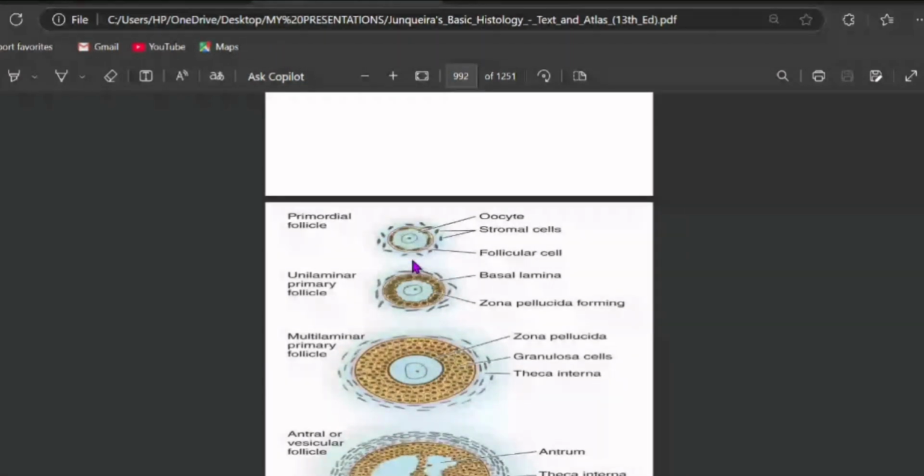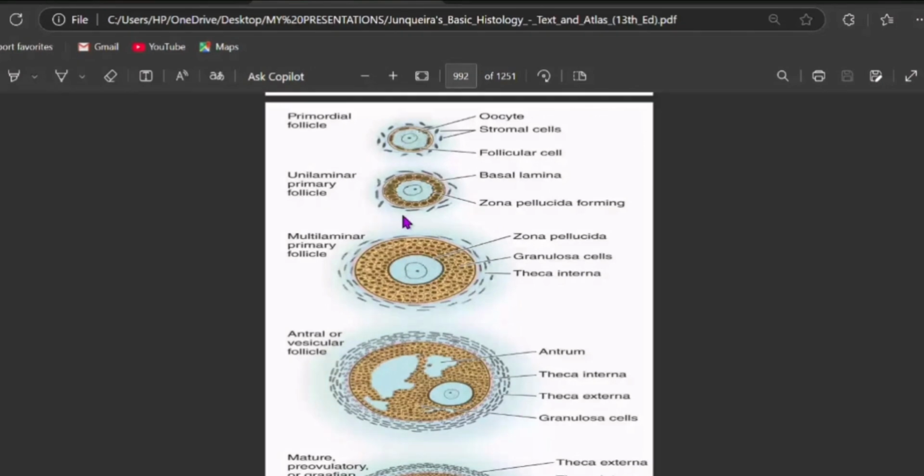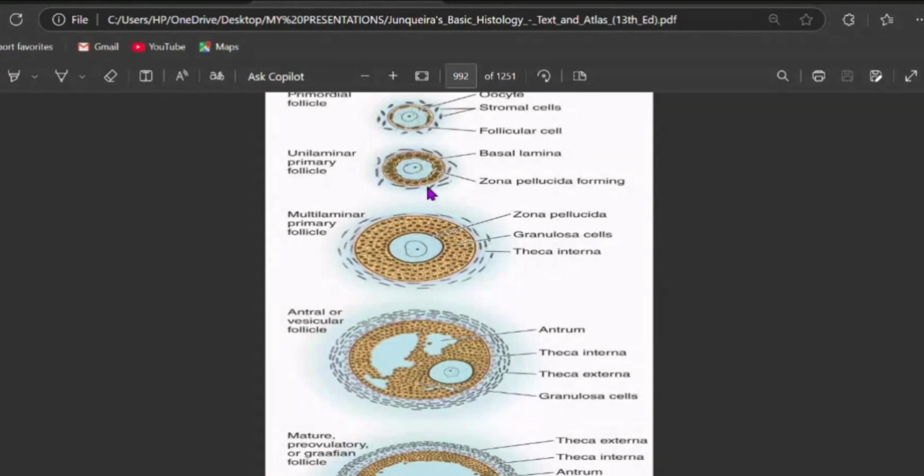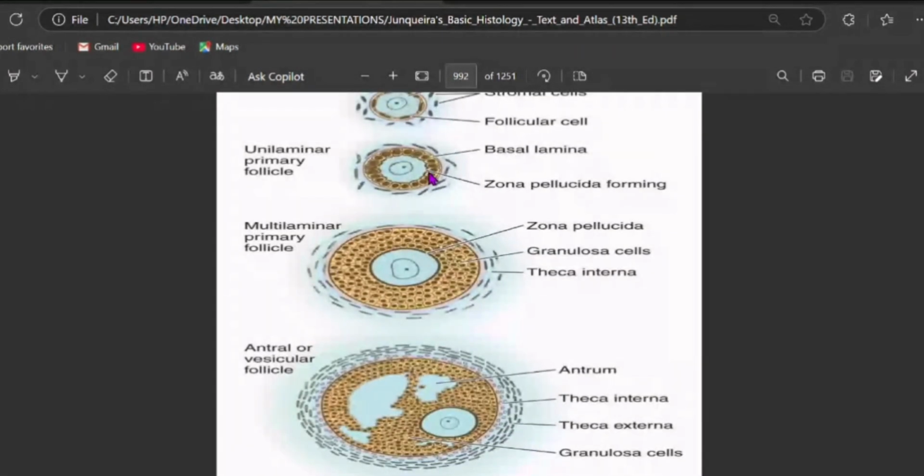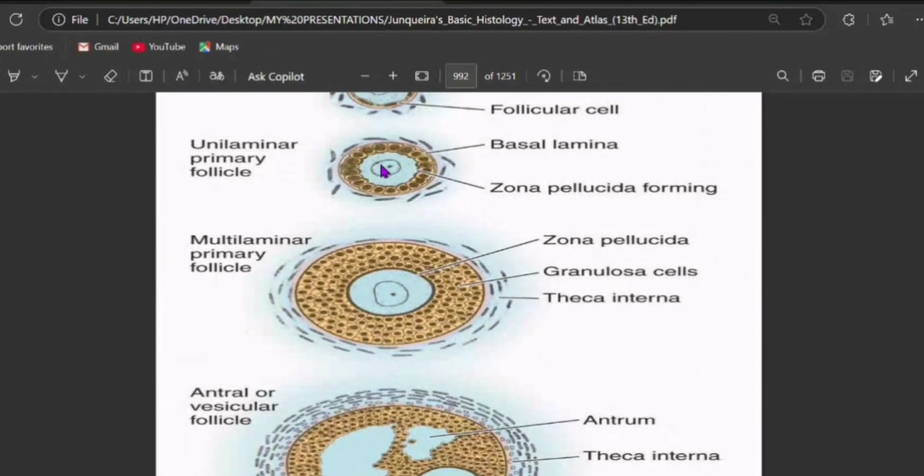This is found in prepubertal women. During puberty, these cells start from the unilaminar primary follicle, which has cuboidal cells. Then you start to form your zona pellucida, internally separating the oocyte from these cells.